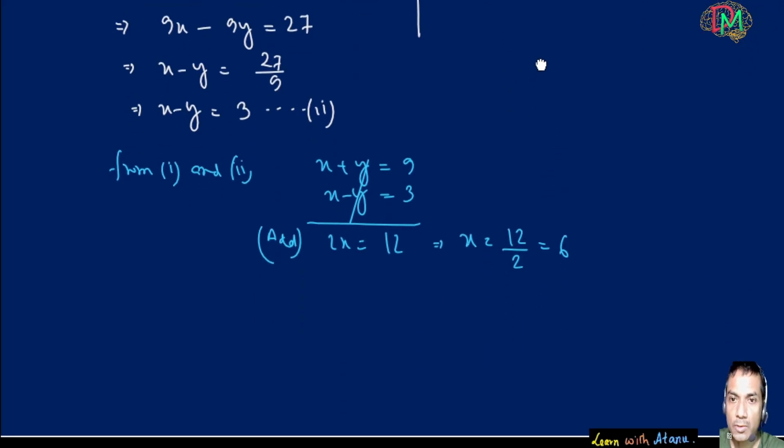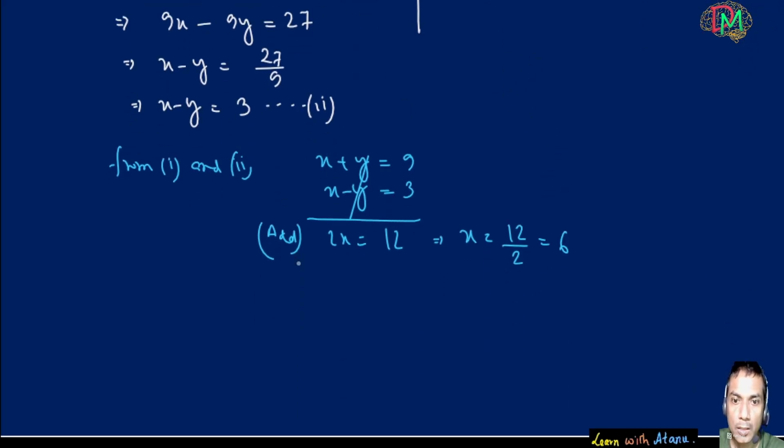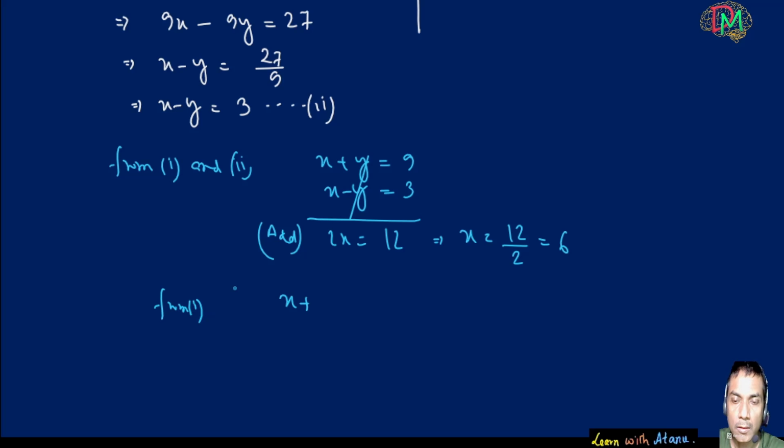And from equation one, x plus y is equal to 9. Putting the value x is equal to 6, we get 6 plus y is equal to 9.